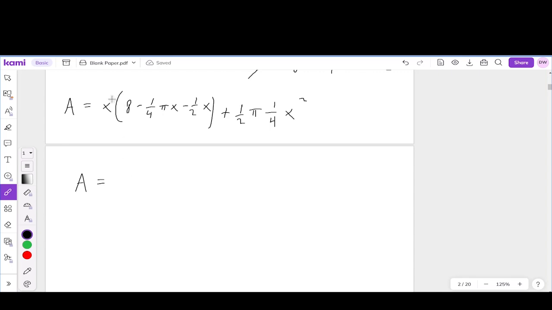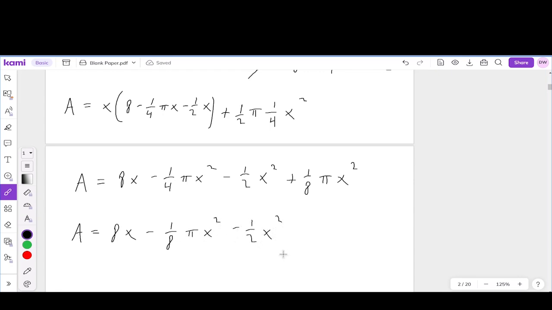So area equals, first distributing that x right here, 8x minus 1/4 pi x squared minus 1/2 x squared, and then plus the stuff over here. That's going to be 1/8 pi x squared, because 1/2 times 1/4 is 1/8. Part of me was hoping that this here and this here would cancel. Clearly I'm not so lucky, but that's okay. I can at least reduce it. So 8x minus 1/8 pi x squared, and then minus 1/2 x squared.